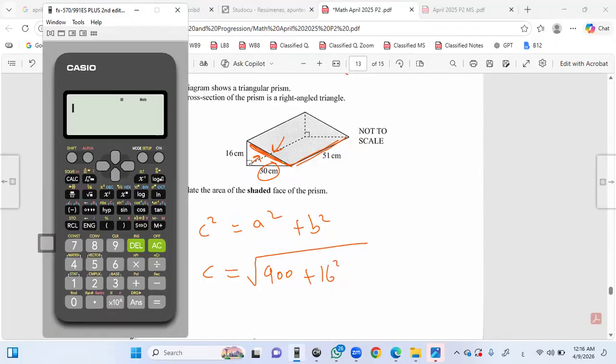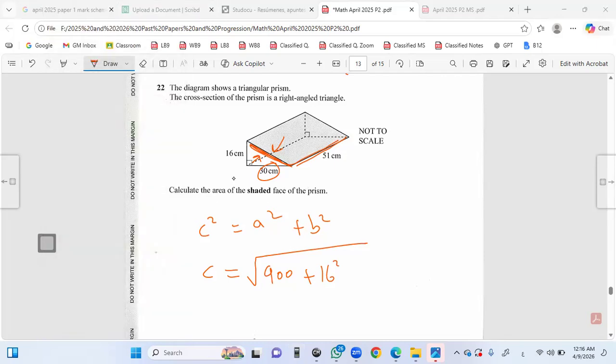Here you go. I'm going to use the root of 900 plus 16 squared, which equals 34 exactly. So this side is 34. This side is 34. To find the area of the shaded face, it is 51 times 34.